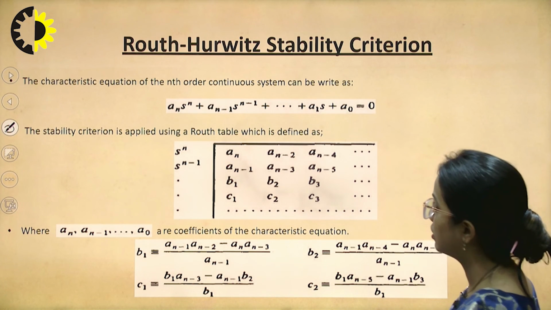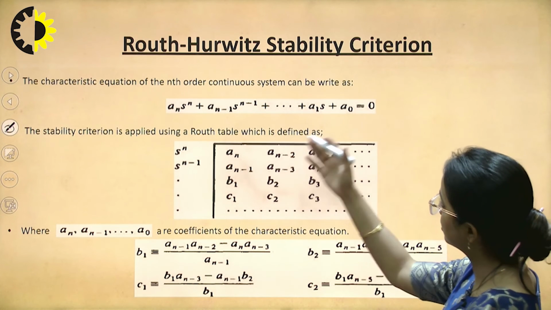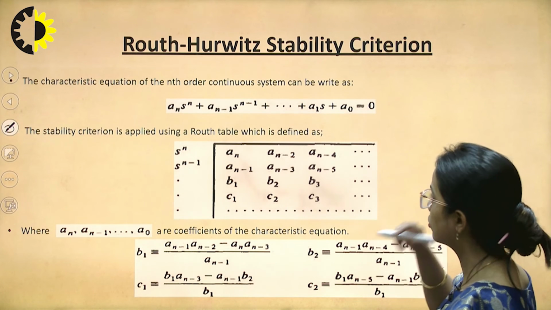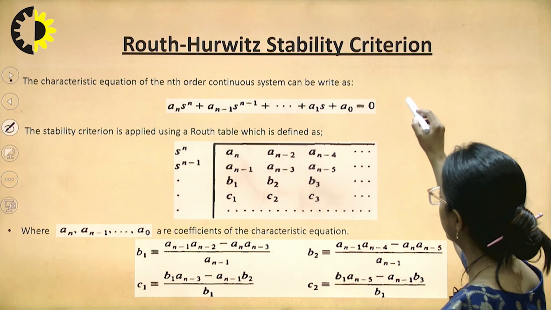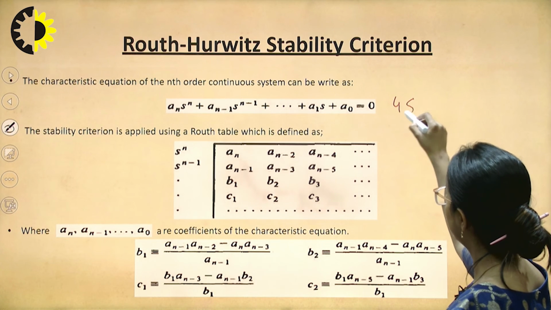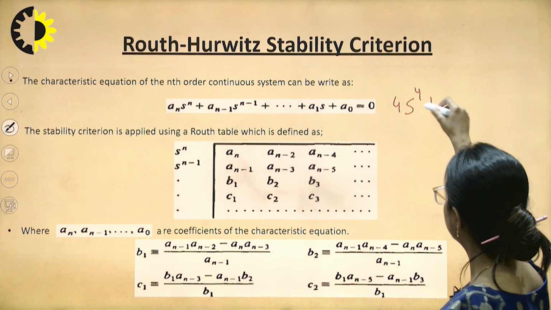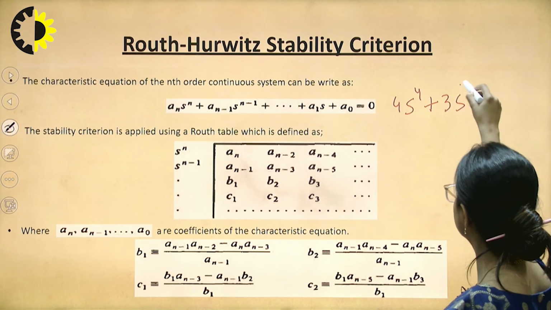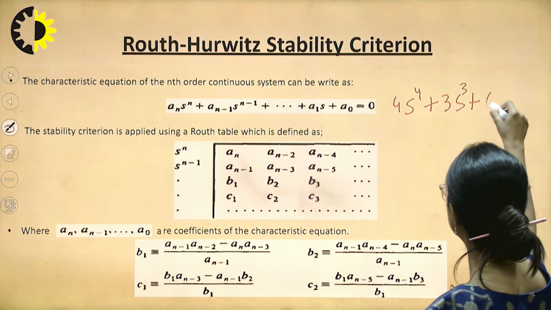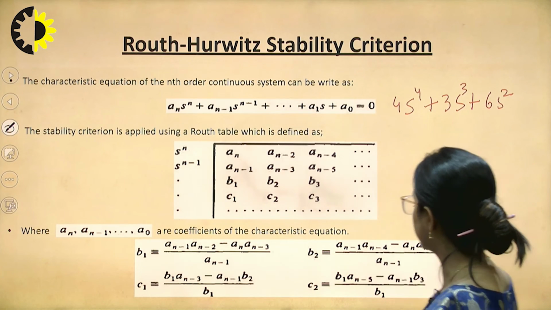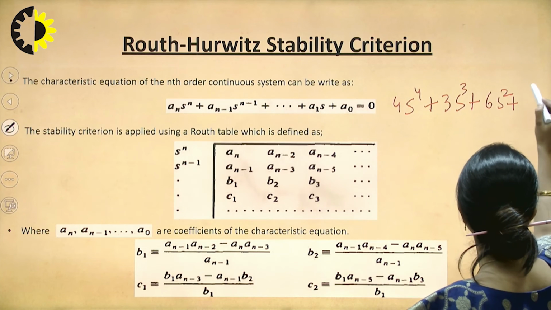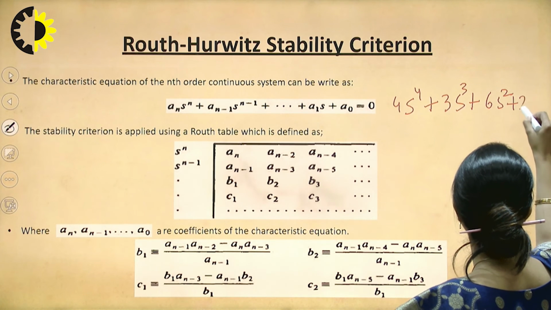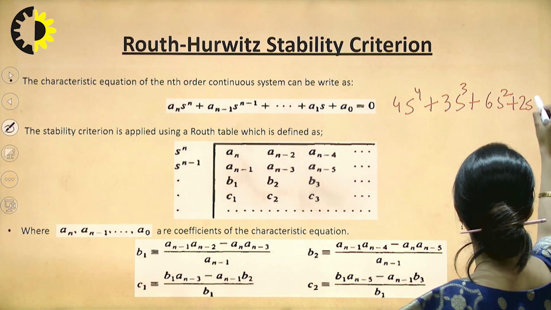Now, let's say we are considering a polynomial. So I'm making a polynomial. Let's say 4s to the power 4 plus 3s to the power 3 plus 6s square plus 2s plus 1 equals 0.